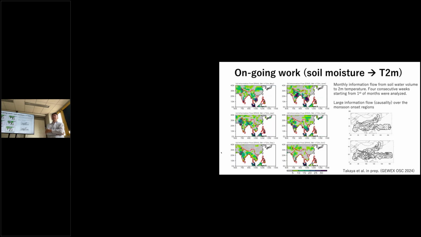For example, what we saw was that when the conditions over Siberia changed in spring, that is one of the hotspots that you have shown, that seemed to have a delayed effect on the monsoon. So I'm wondering whether you are also looking at the delayed effect.